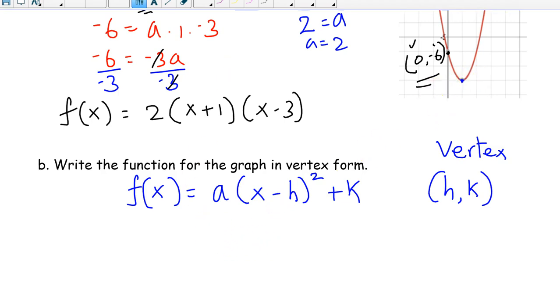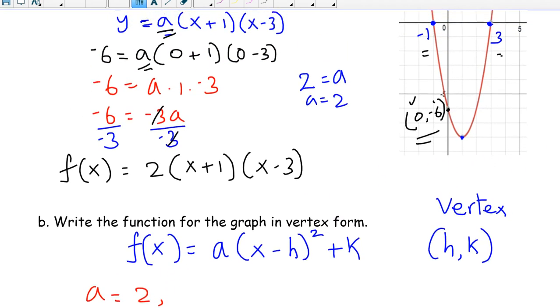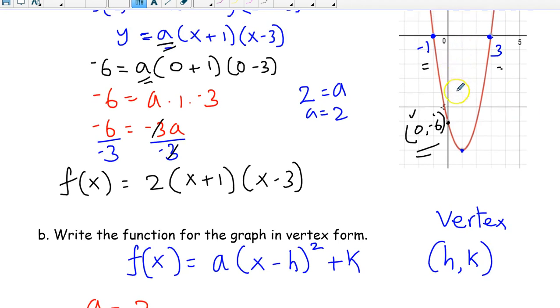So let us go ahead and substitute the values. You already have your a is equal to 2, and what is the x value here? That is 1, and the y value is -6, -7, -8 after this. So -8.